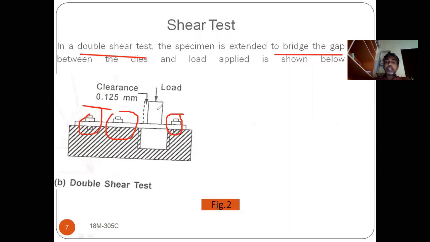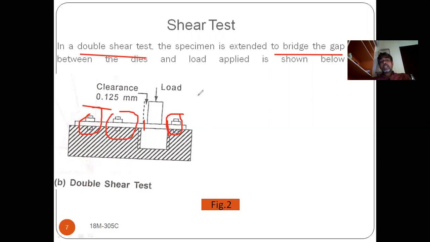Shear will take place here, and shear will take place here. So at both the ends, the shear will take place. That means two ends are shearing, that is called double shearing. That's why we call it the double shear test. Here two ends are under shear when the load is applied.